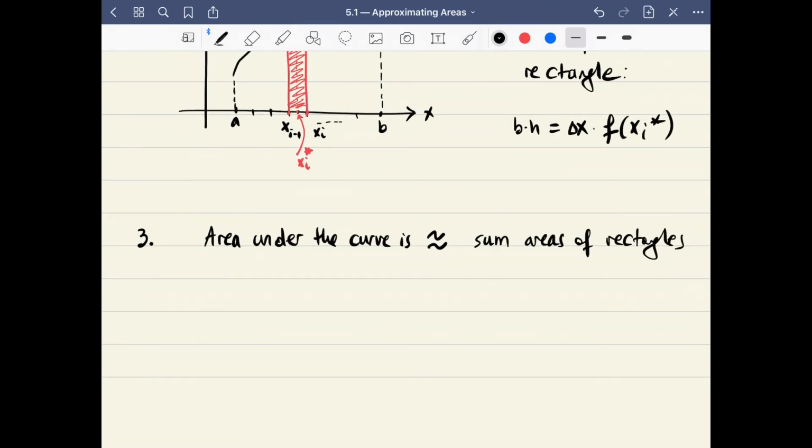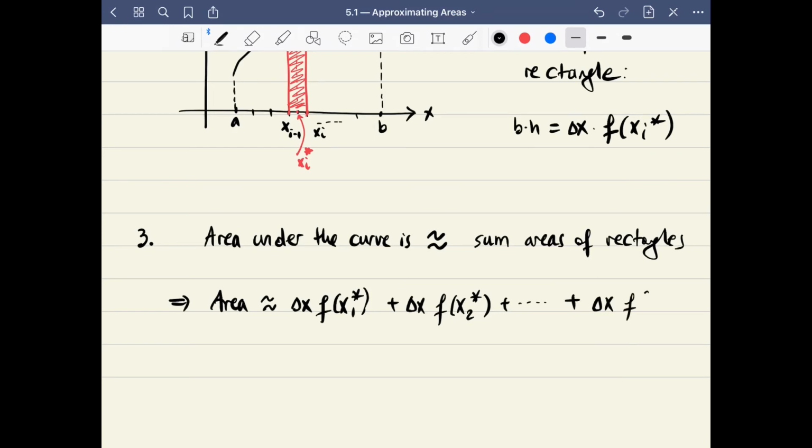So the area is approximately, the very first rectangle has area delta x times f of x1 star. Then the next rectangle has area delta x f of x2 star. And then you keep going like that. The very last one has area delta x f of xn star. Okay, now this is called a Riemann sum.